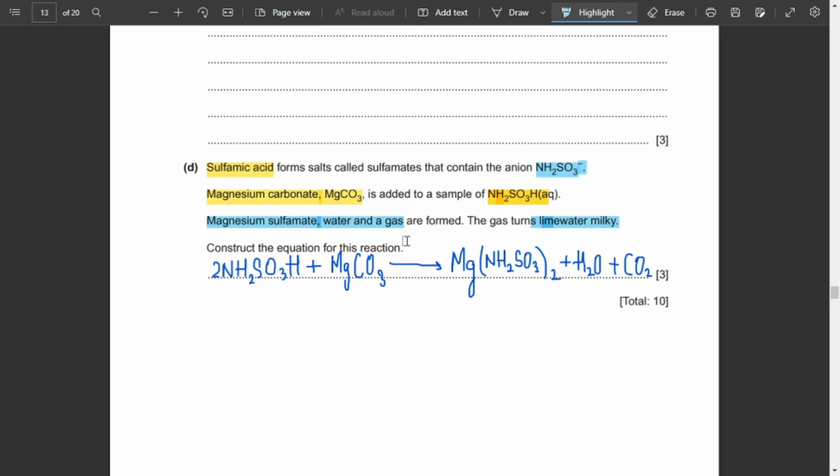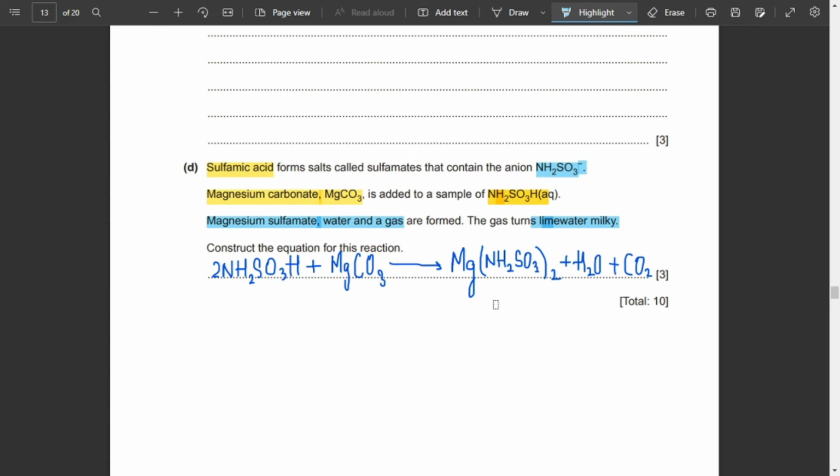Alright, it was very simple because we have MgCO3 given with us, we have NH2SO3H given with us. Both the reactants are given, and then we have magnesium sulfamate. Now over here we don't only have magnesium, we know magnesium is Mg, but we also know that the anion of sulfamate is NH2SO3 minus. That is why we have shown the reaction, and then water and carbon dioxide.